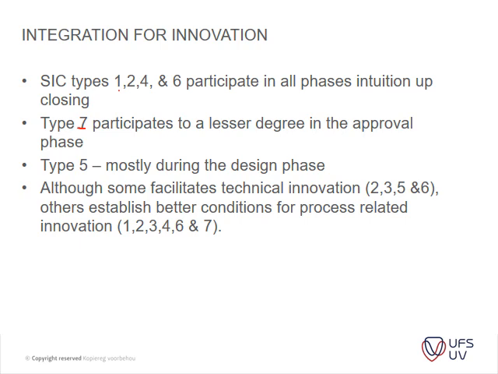Others establish better conditions for process-related innovation. So please have a look at this. It starts on page 57 and goes to page 58, where this is stated. So please have a look at pages 53, 54, 55, 56 and 57 for what all of these champions include.